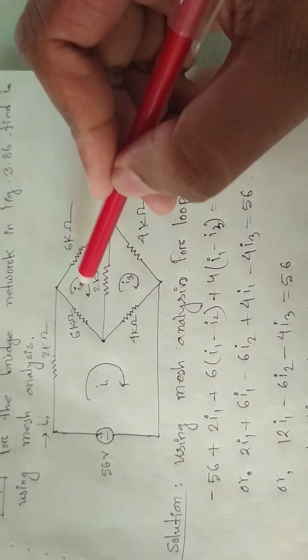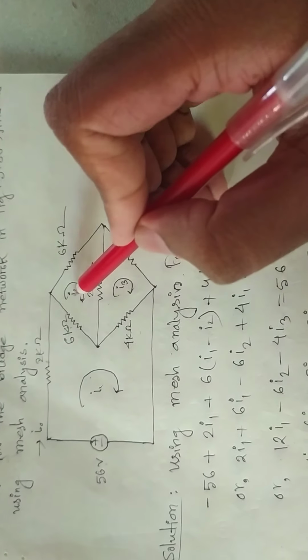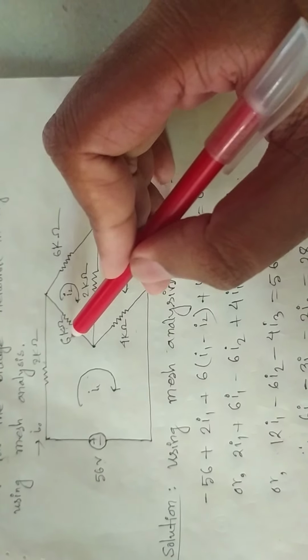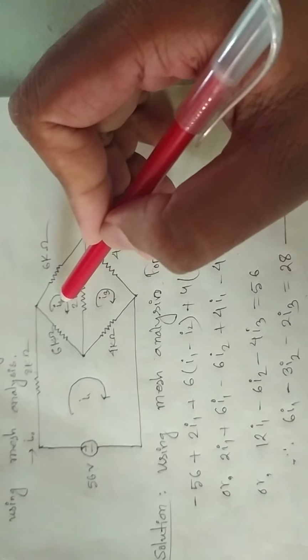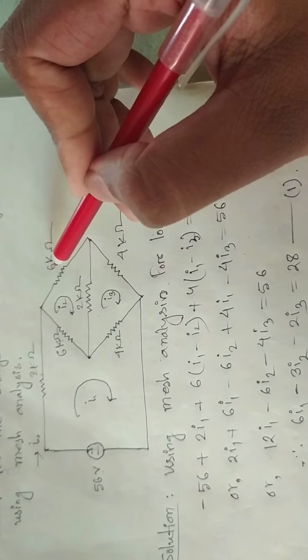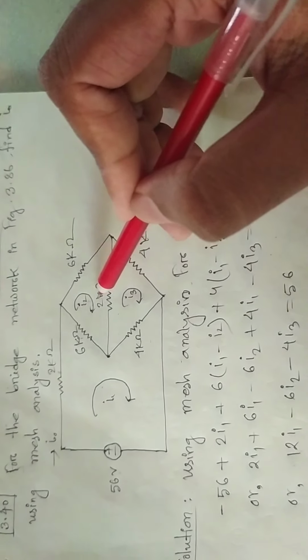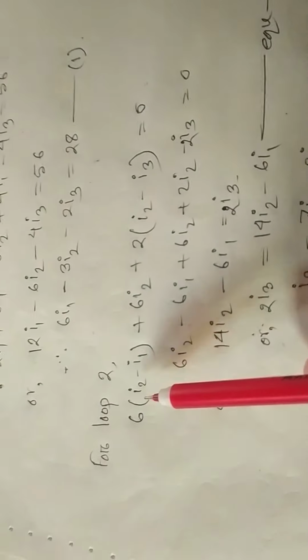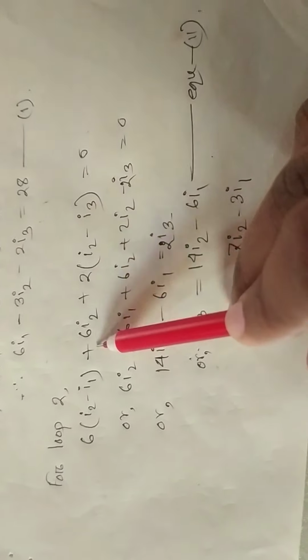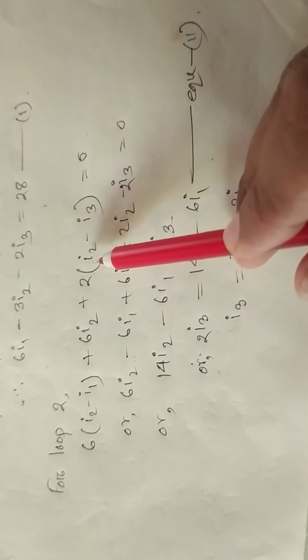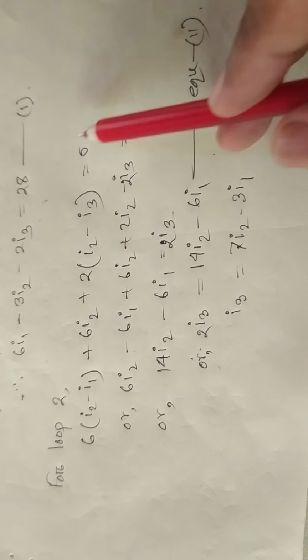Second, we see loop 2: 6 times (I2 minus I1) plus 6 I2 plus 3 times (I2 minus I3). That is the equation for loop 2: 6(I2 minus I1) plus 6 I2 plus 2(I2 minus I3) equal to 0.